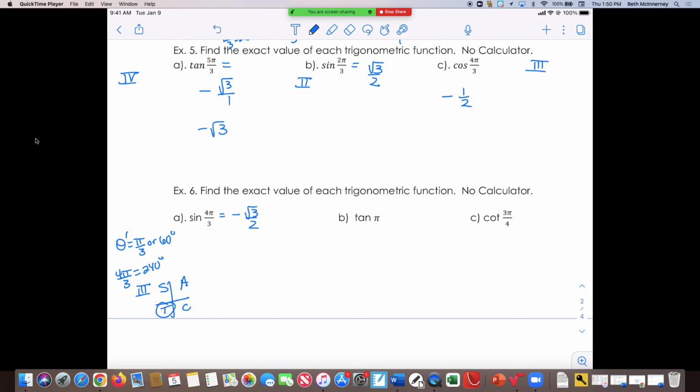If I'm 60 degrees away, you can draw your triangle, and sine would be negative square root 3 over 2.